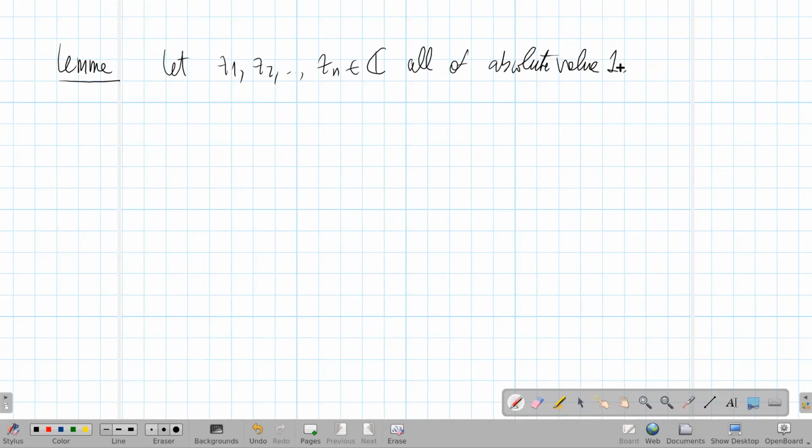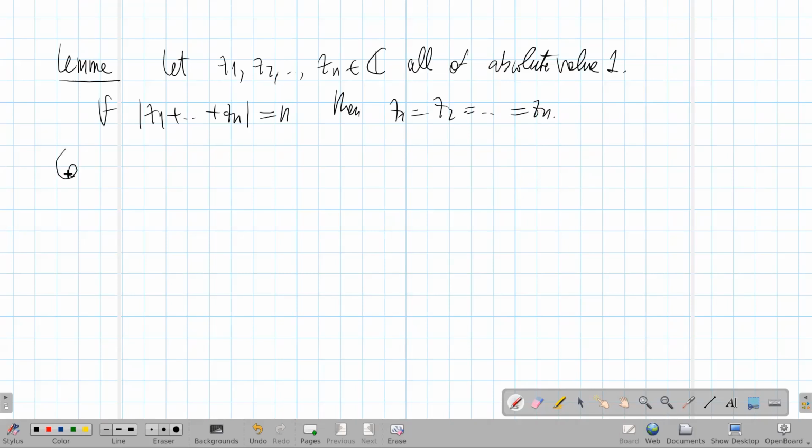This is actually weaker than saying that the zi are roots of unity. Of course, if the zi are roots of unity, then they will have absolute value 1. And then the lemma tells you that if the absolute value of the sum is n, then the zi are all equal.